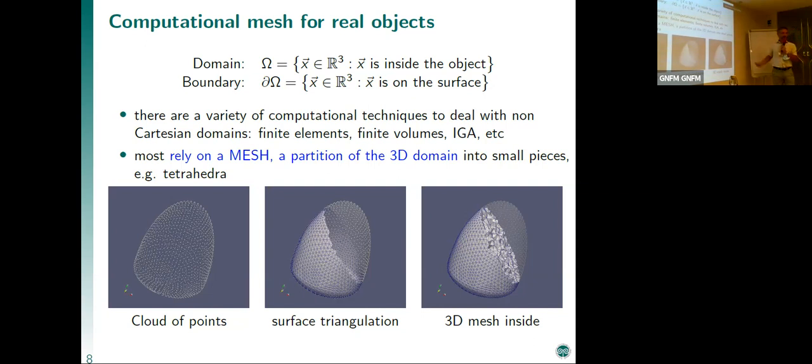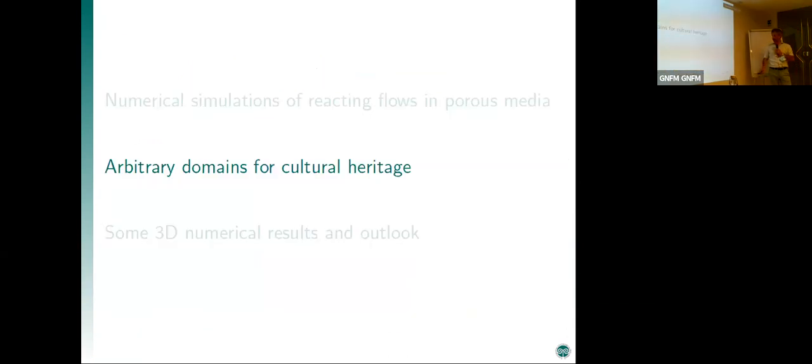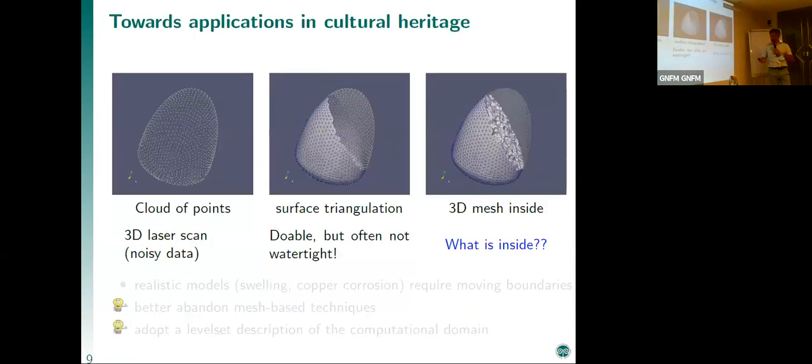But this process must be done. All the people dealing with the three-dimensional virtual representations of objects of art are already doing this step.